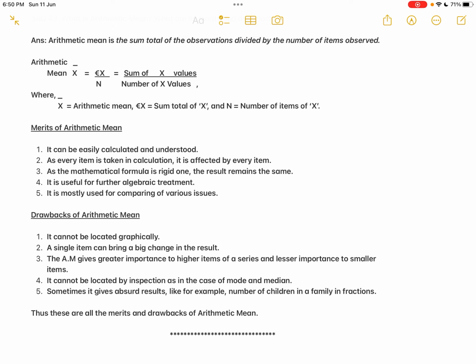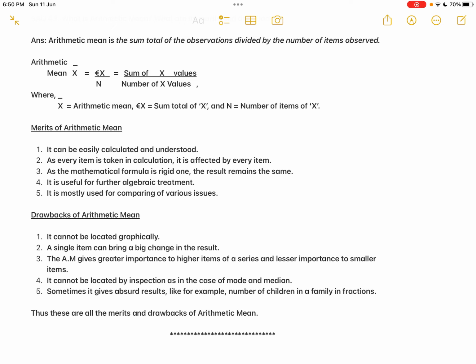And in commerce, the student has scored 99 marks. But in economics, if the student has scored only 50 marks, that will affect the average very much, isn't it? In every subject it is 90 marks, but only in economics the student has scored 50, which pulls down the average marks scored by the student. That's why a single item can bring a very big change in the result.